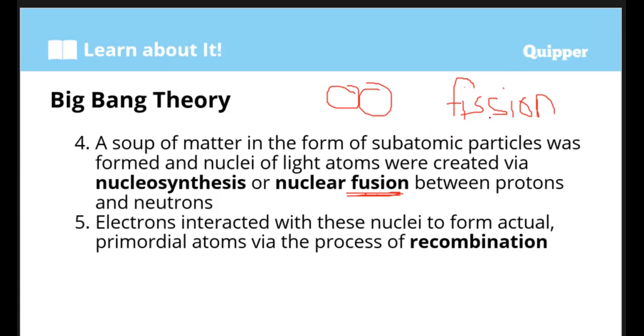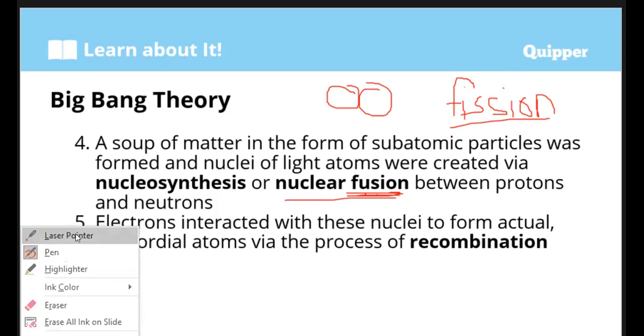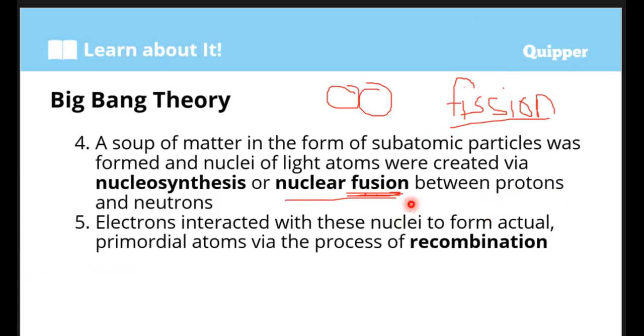There's a separation of particles, that is fission. But if it is fusion, meaning it fuses, it merges, it is the nuclear fusion, the process wherein the subatomic particles were merged. So this nucleosynthesis was brought about by protons and neutrons.